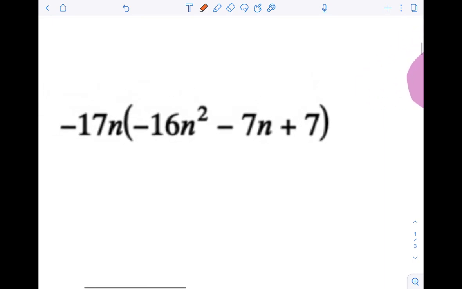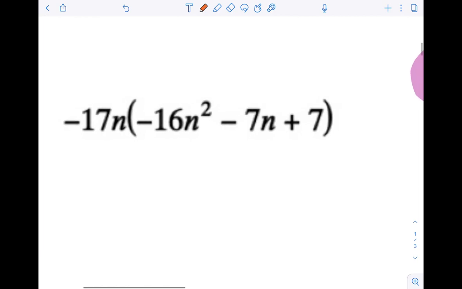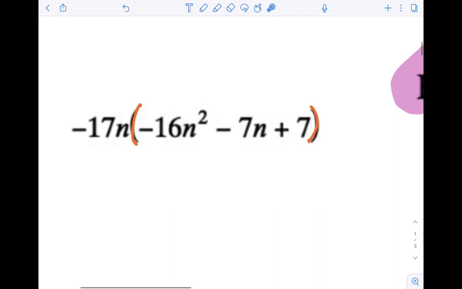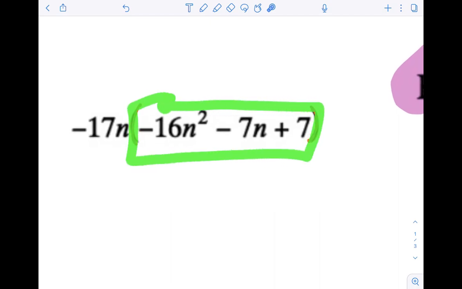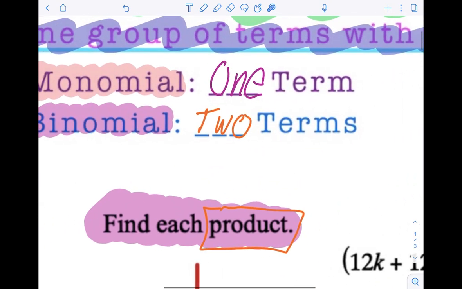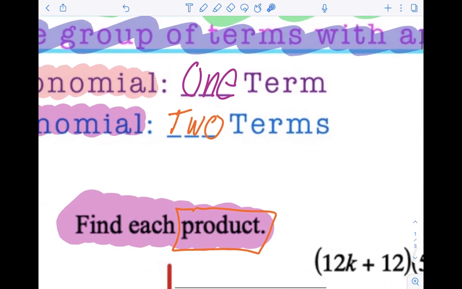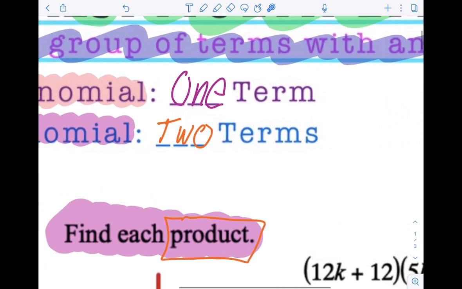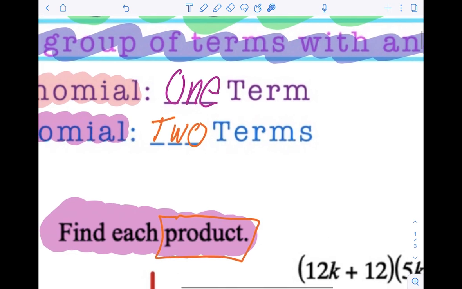So the way terms are separated is by addition and subtraction. So here we have one group of numbers, right? Three terms. Actually, you know what, everybody? Monomial is one term.